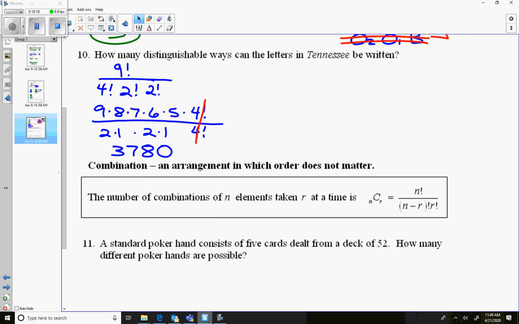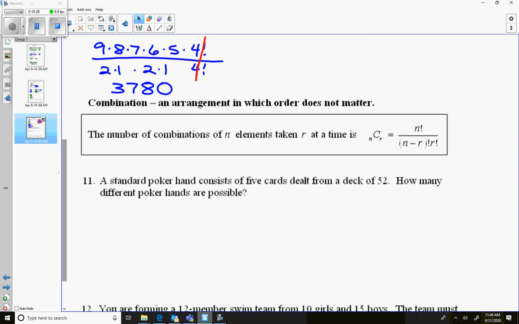All right, those were your distinguishable permutations. Now, slight change. Combinations. An arrangement in which order does not matter. Now, permutations, order matters. Combination, order does not matter. My trick for remembering these things is I think back to when I was a kid, we always had combination locks.